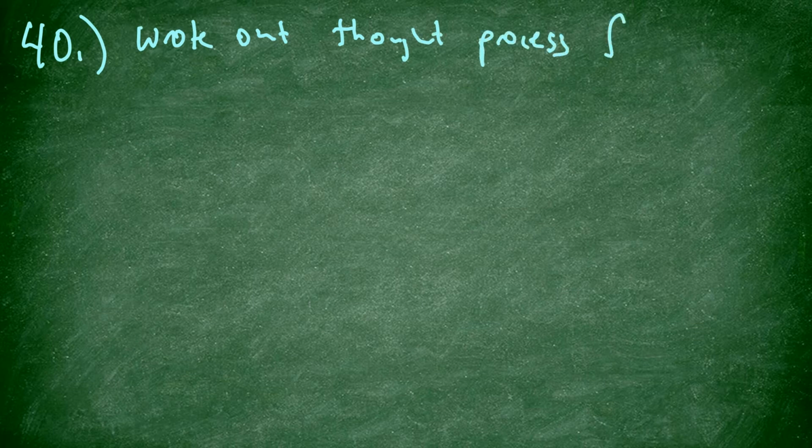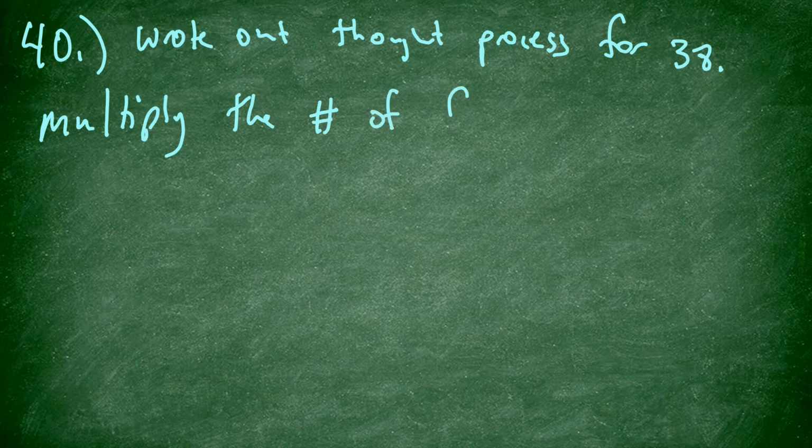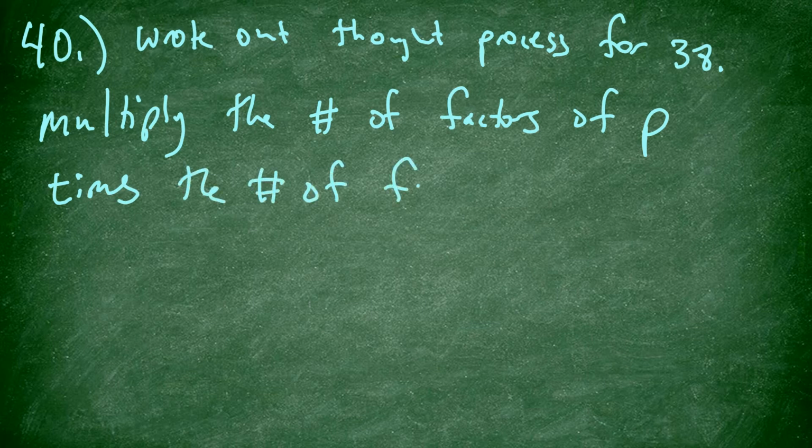40 had a couple options. For 40, you could have basically just written out your thought process for 38. But the mathematical thing is we're going to say that you multiply the number of factors of p times the number of factors of q.